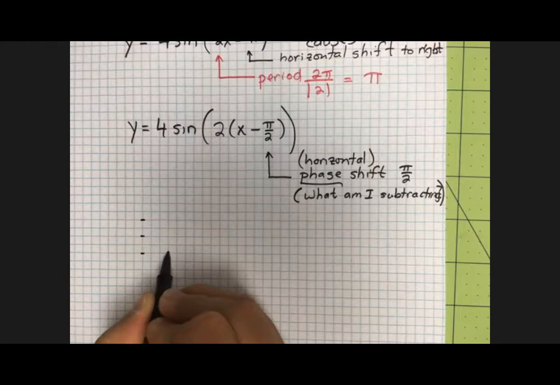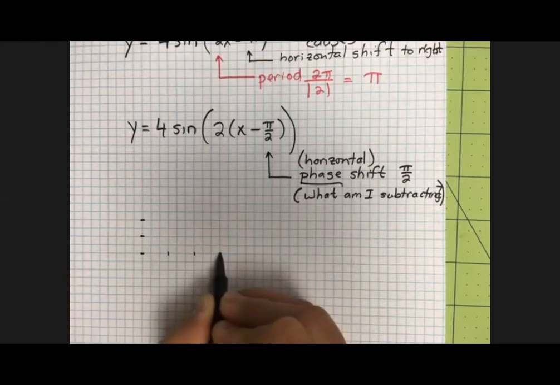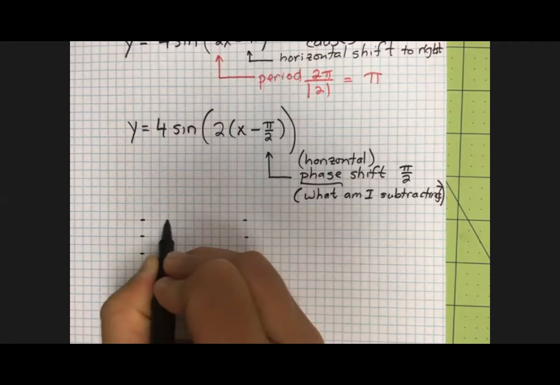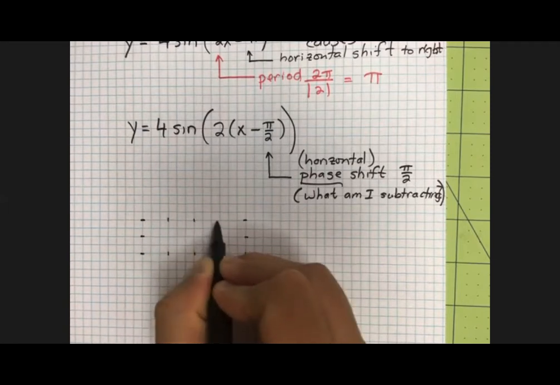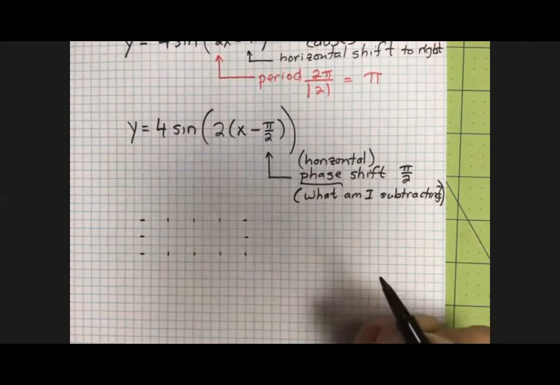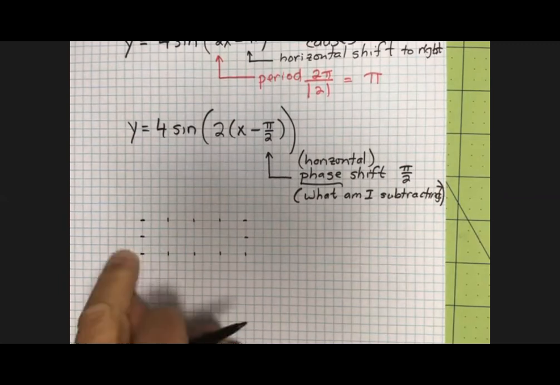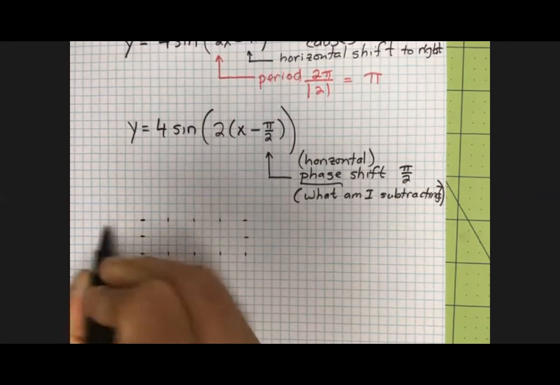And now look at the beauty of this box. The beauty of drawing this box is I'm doing every problem in a uniform way. 12 boxes over, plus minus 2 boxes.